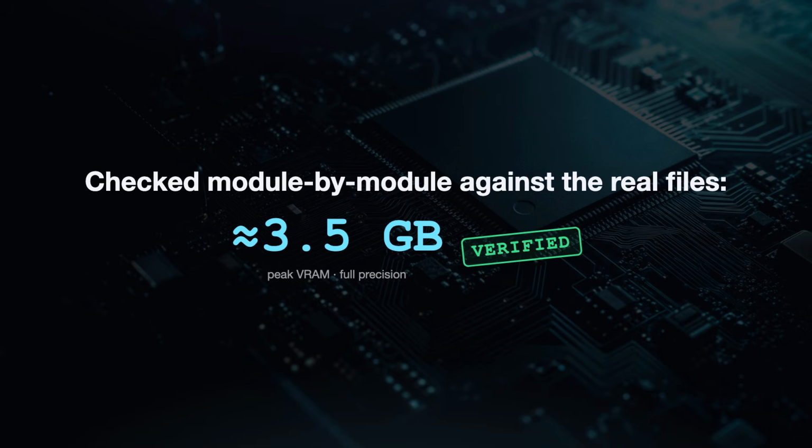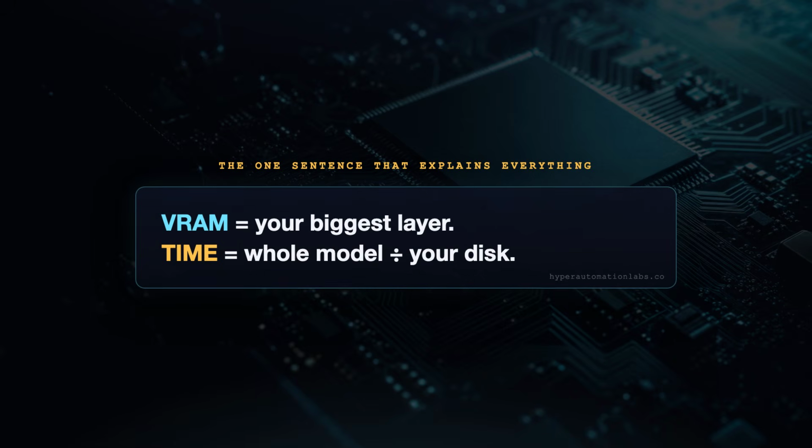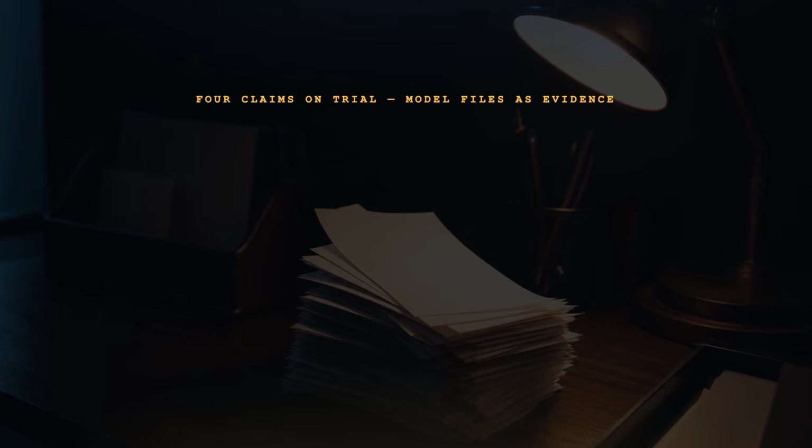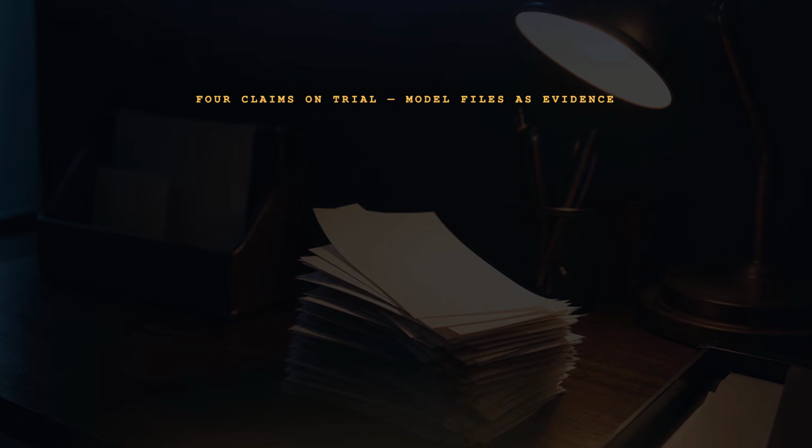So the 4 gigabyte claim is not marketing. It's real at full precision with no quantization. And here is the one sentence that explains everything else in this video. Your VRAM only needs to fit the biggest single layer, but every single token has to walk through the entire model. So let's put all 4 headline claims on trial with the model files as evidence.